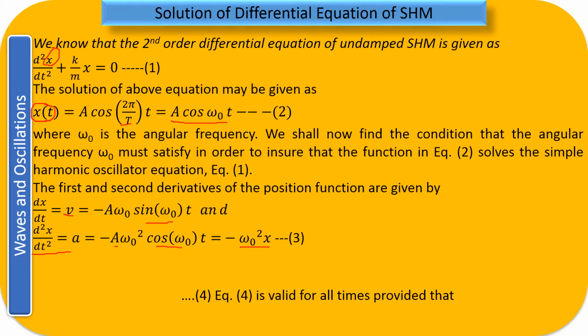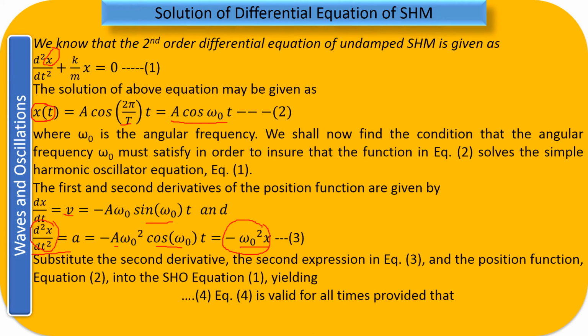I told you in the previous class that for a simple harmonic motion to execute, it is essential that the acceleration, that is d square x upon dt square, must be equal to minus omega square x, where omega is your angular frequency. This is what you are able to see over here, but again we are going to verify this. So the value that we have calculated here, d square x upon dt square, and x equal to a cos omega naught t, I am going to substitute in equation number 1.